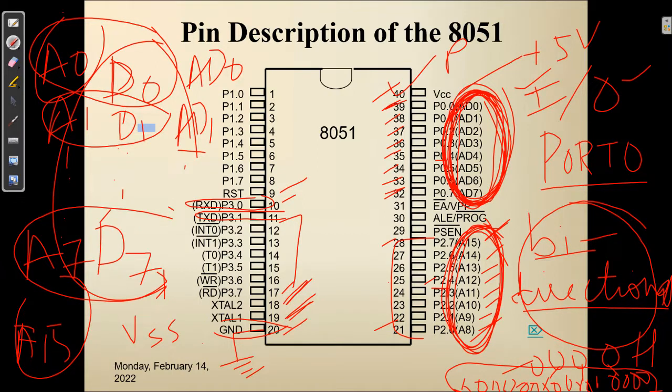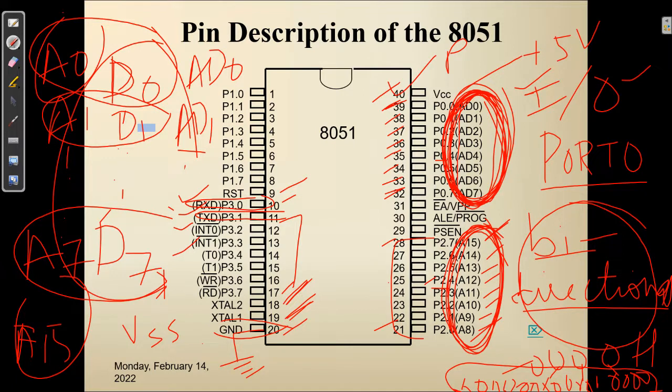So we have seen the alternate functions RxD and TxD. Come to INT0, INT1. Tell me how many external interrupts your 8051 can handle? Two external, three internal interrupts, software interrupts, collectively give you 5 interrupts.